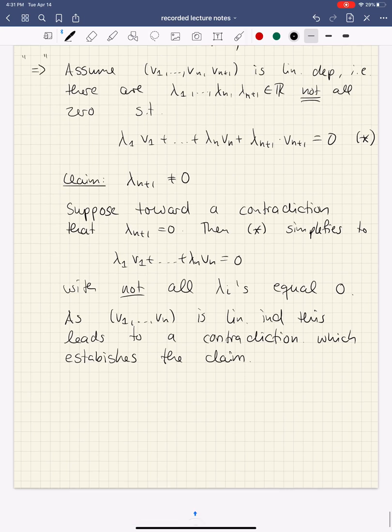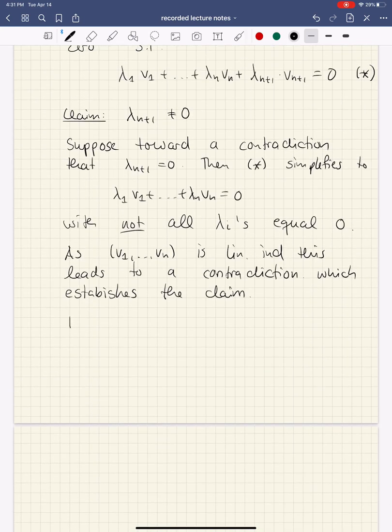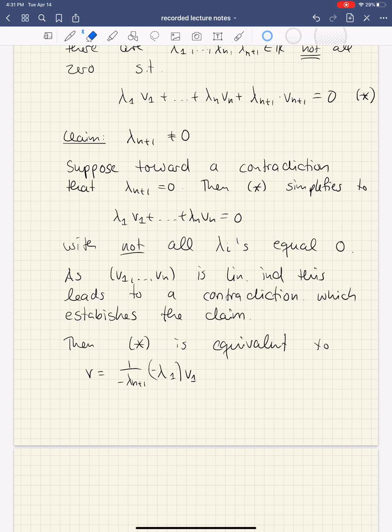And then now I can repeat what I tried to do before. Then star is equivalent to, so I'm going to fast track this, v_{n+1} equals 1 over minus lambda_{n+1} lambda 1 v1, sorry, there's no minus sign here, plus all the way up to plus 1 over minus lambda_{n+1} lambda n vn.